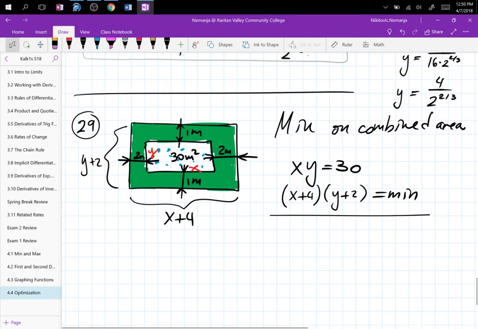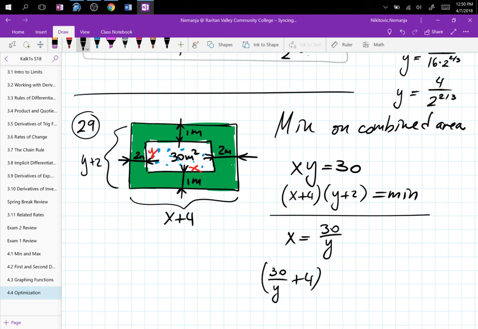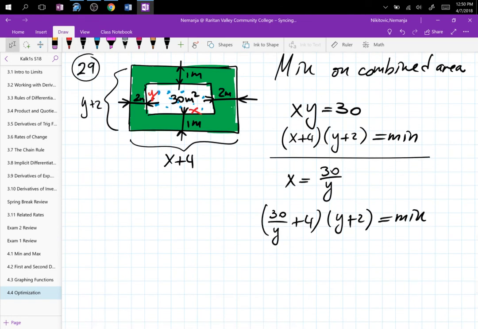So what do we have? Whatever, x equals 30 over y. It doesn't matter which one to solve for. So that's 30 over y plus 4, times y plus 2, equals a minimum. I am going to distribute this. I don't want to do product rule for no reason.